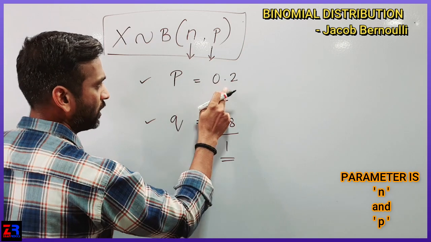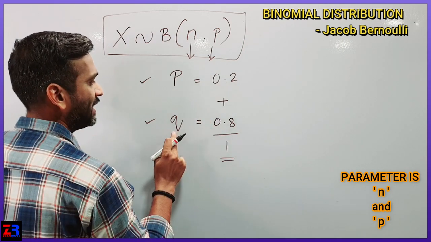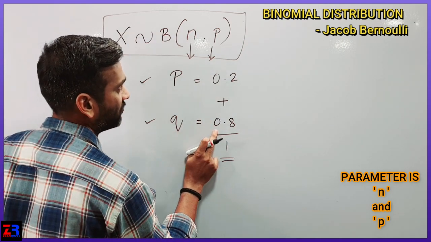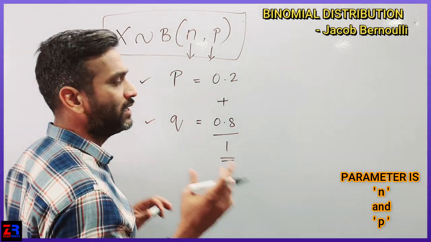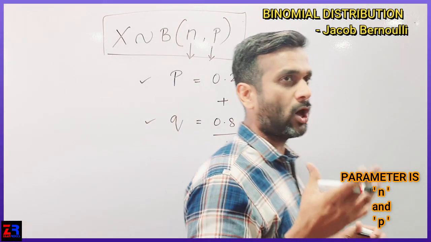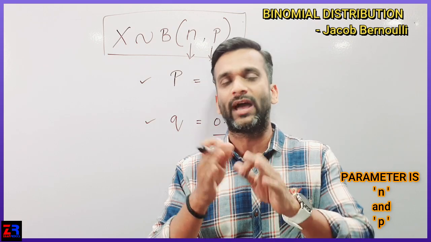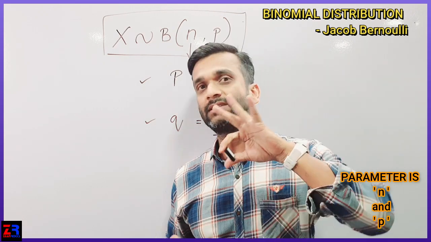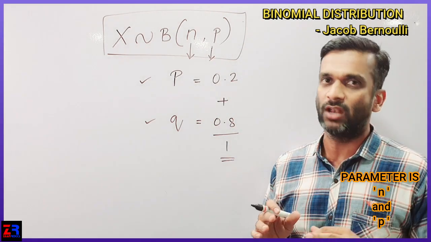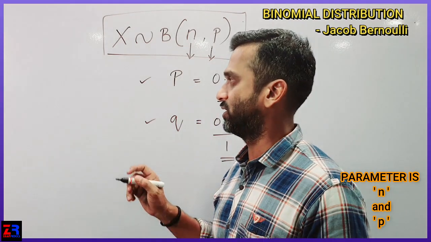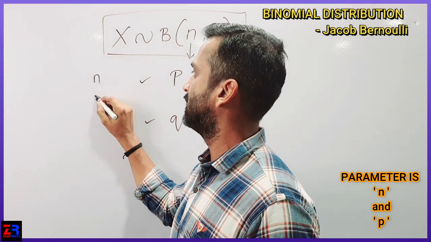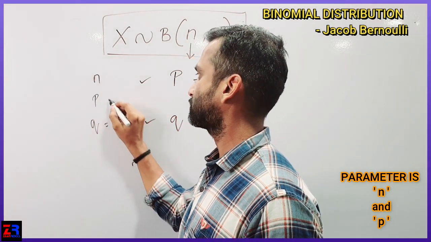So if we know the probability of success, we can easily get the probability of failure. What elements are required to solve a question on binomial distribution? There are three elements required: n, p and q.